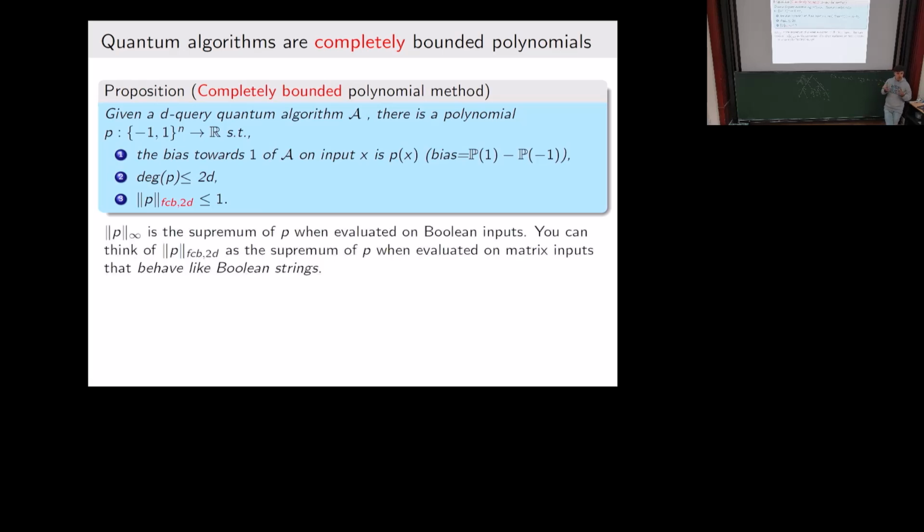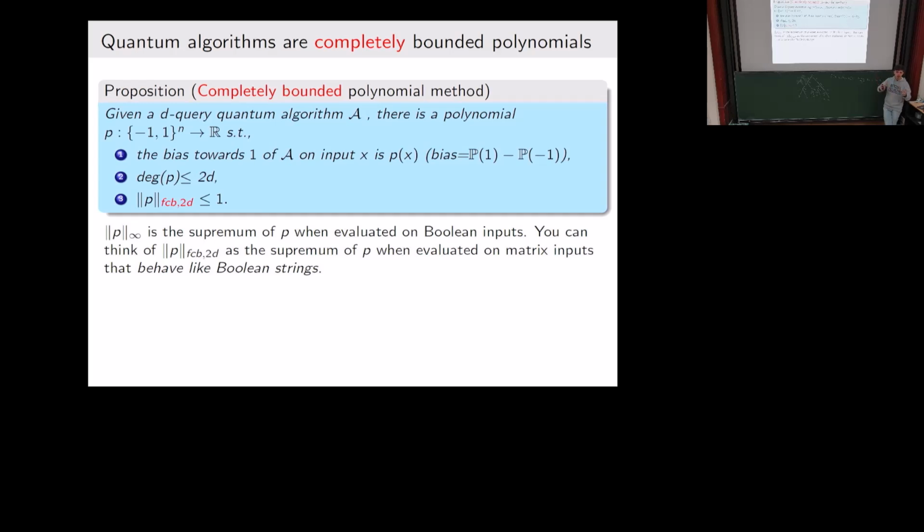And I'm going to introduce this norm in the second half of the talk because it's kind of technical, and we are going to do some proofs using the definition of this norm. But for the moment, what you should think is that the infinity norm is the supremum of the evaluations of the polynomial on Boolean strings, and you should think of the Fourier completely bounded norm as the evaluation of the polynomial on matrices that behave like Boolean strings.